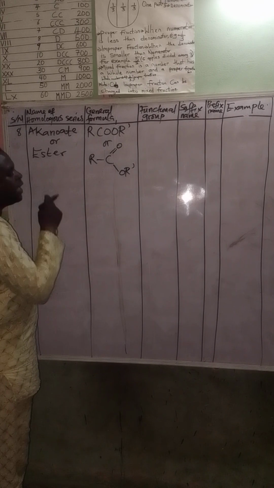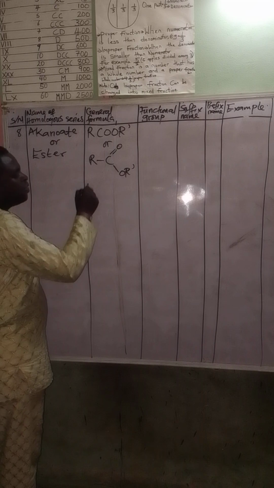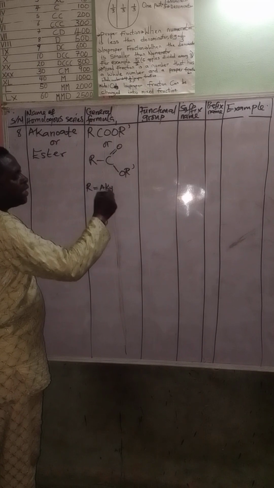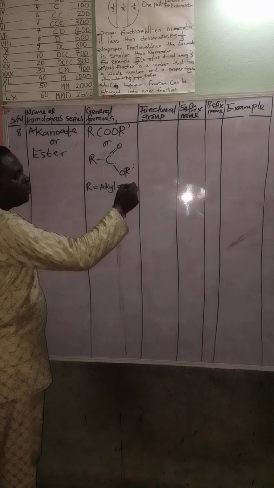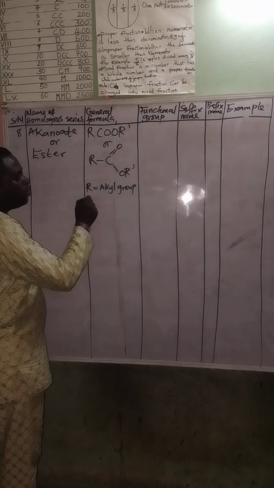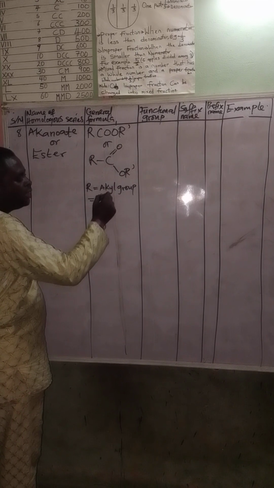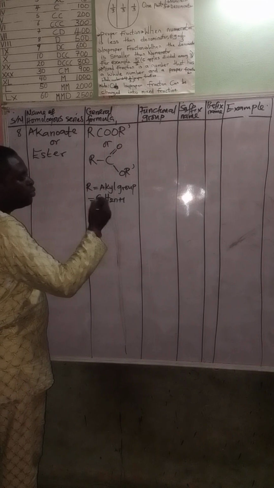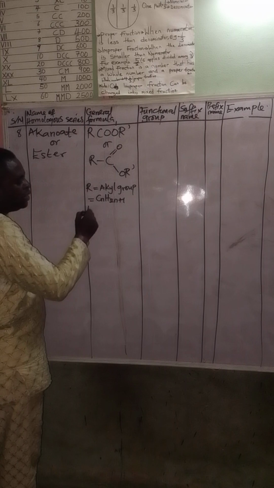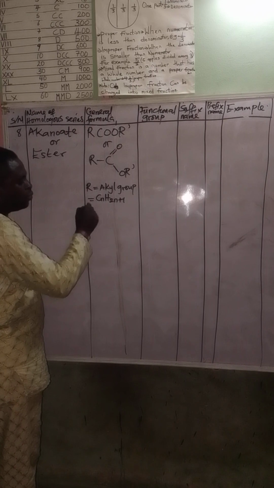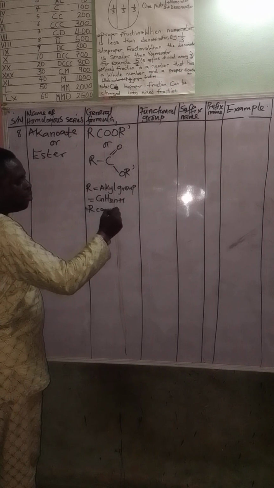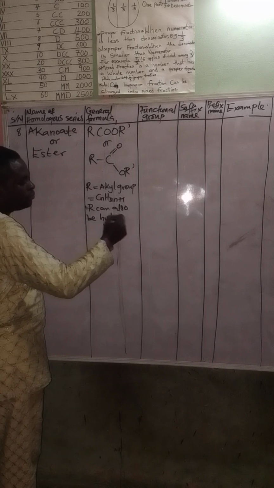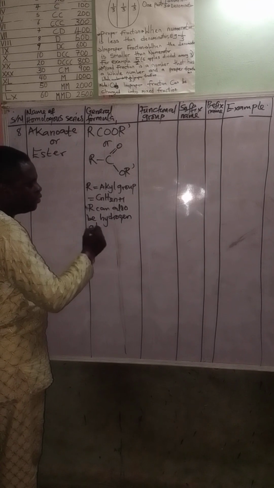So don't forget here that your R can be an alkyl group, whose molecular formula is CnH2n+1. Sometimes R can also be a hydrogen atom.